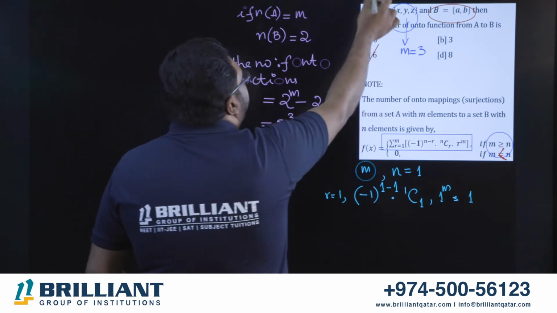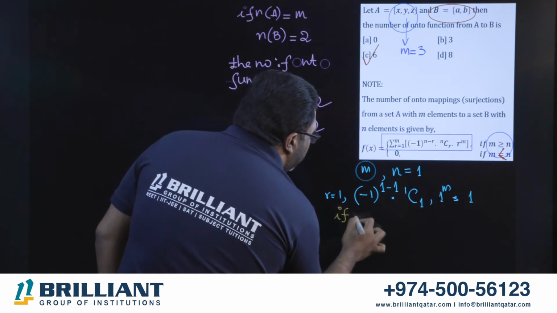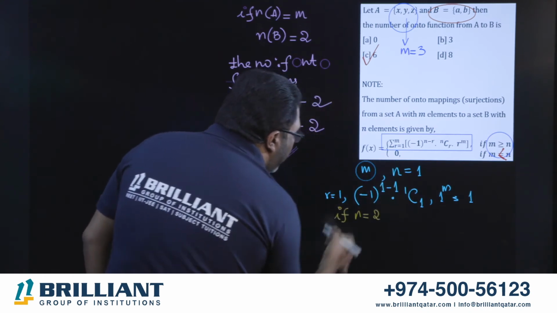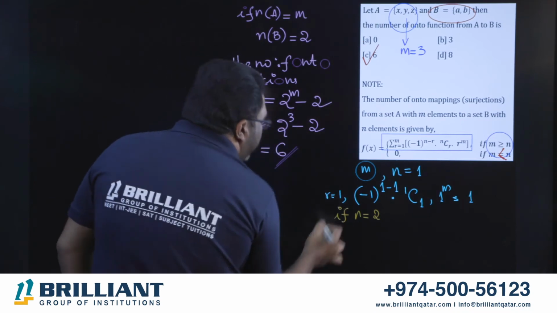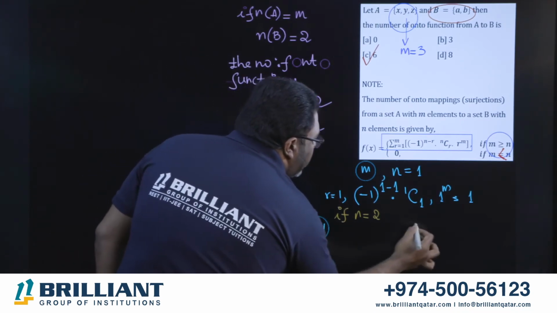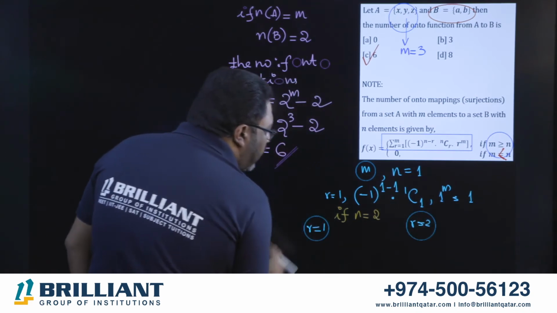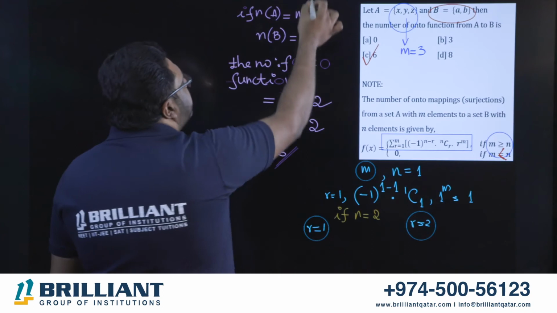So, what if n is equal to 2? If n is equal to 2, what happens? I have to take the situation when r is equal to 1 and the situation when r is equal to 2 and add them up. What happens if r is equal to 1?